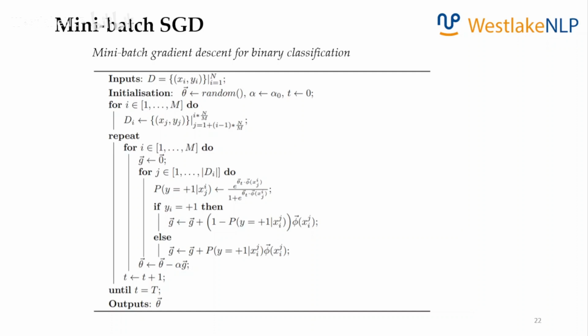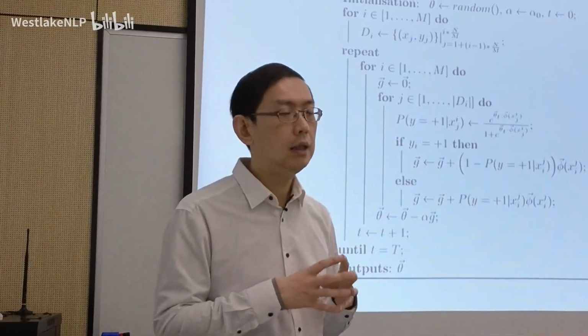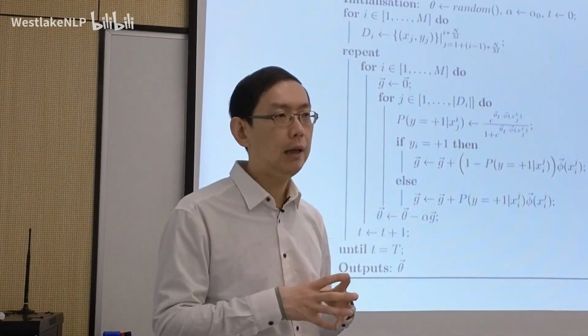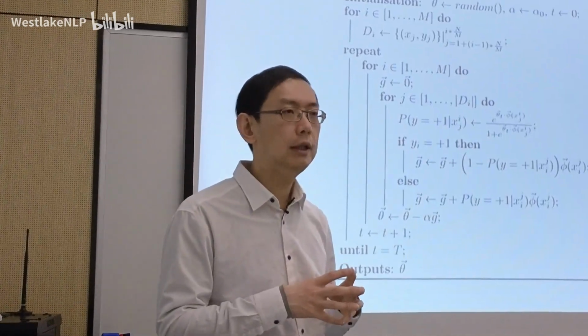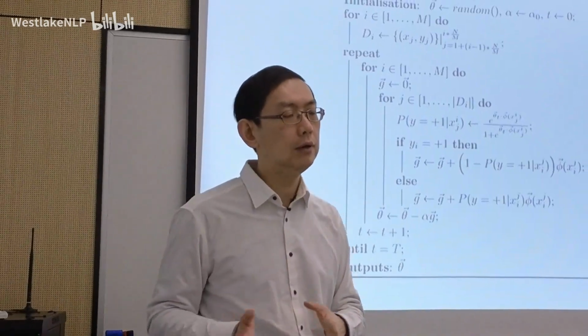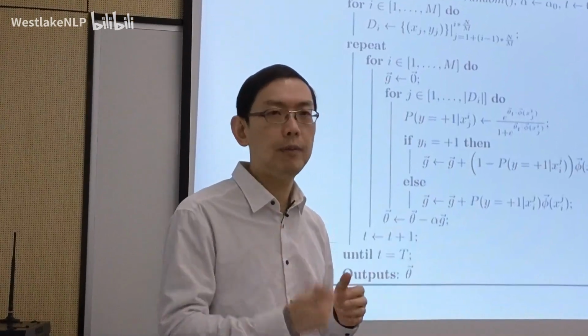Whether you apply batch and what batch size you design depends on the data set. In your lab section, if you write the training algorithm for log linear models, or the general model that I'll discuss later, you can try different batch sizes. It's a hyperparameter.